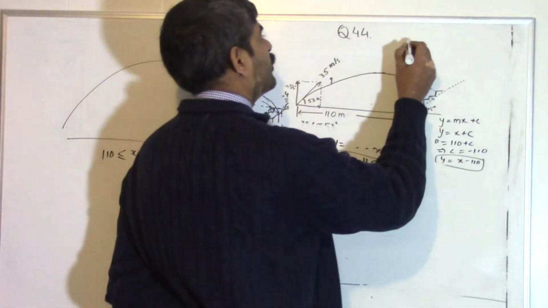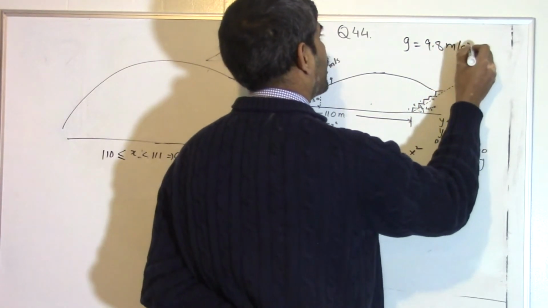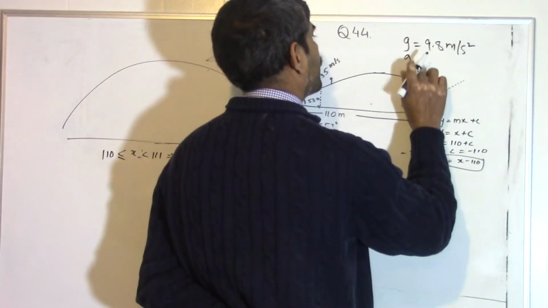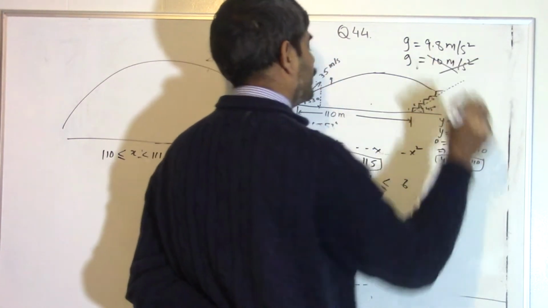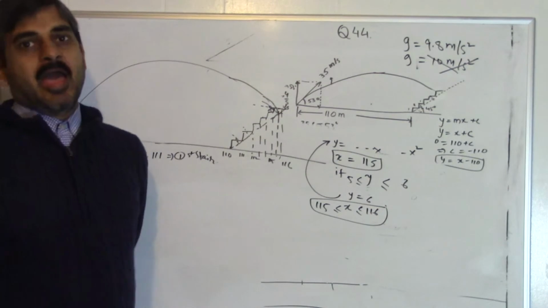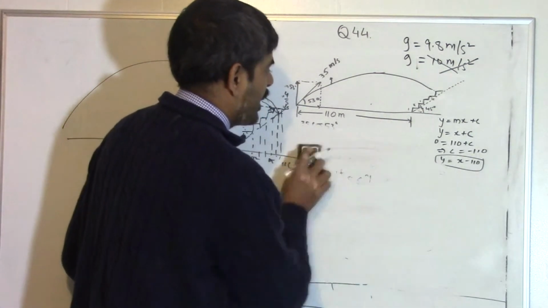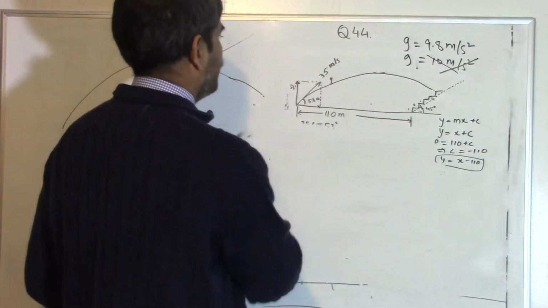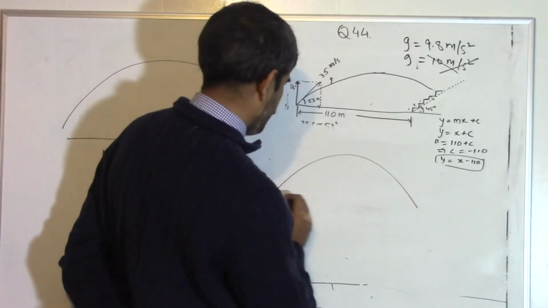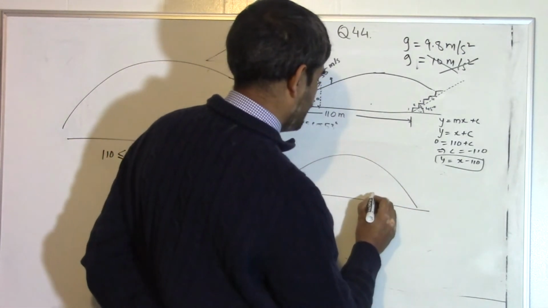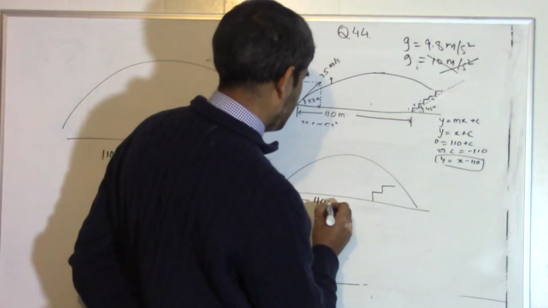One is you need to take the value of g equal to 9.8 meter per second square. If you take g equal to 10 meter per second square, you will get a wrong answer. And there is another ambiguity in this problem that you should keep in mind. It is said that the first stand is at 110 meter.